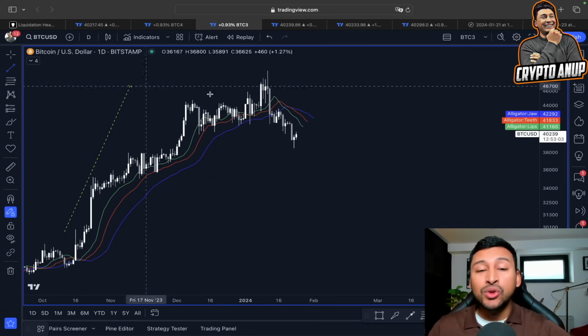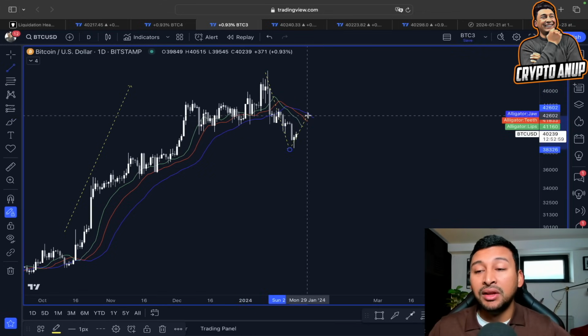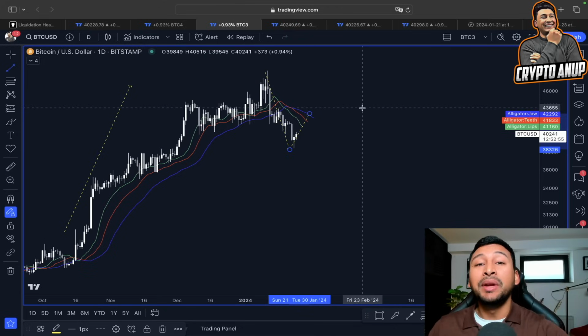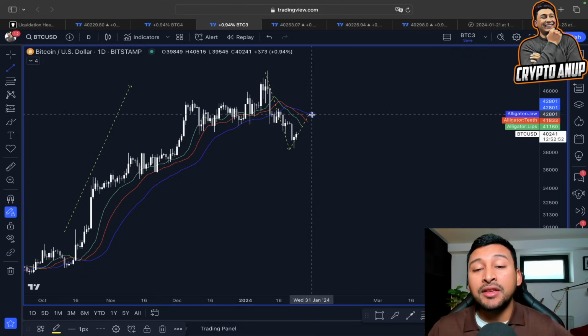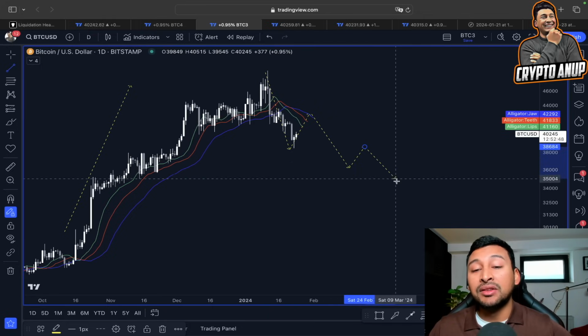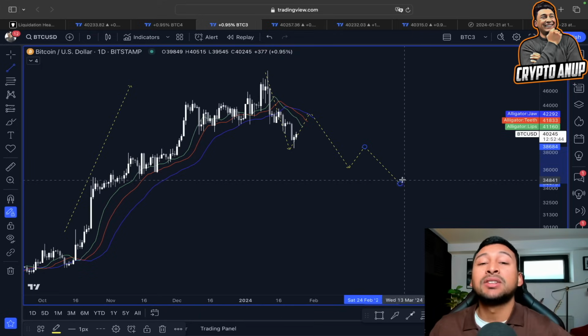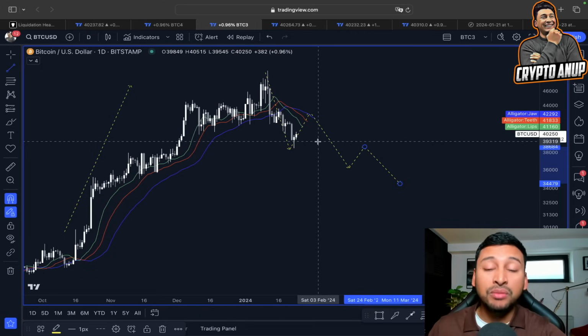So if we do see price of Bitcoin showing another relief rally like this, you can see this Williams Alligator indicator will be acting as a line of resistance, and price of Bitcoin after that could show another continuation like this, showing lower highs, lower lows, before finding a bottom and starting with a new impulsive move.